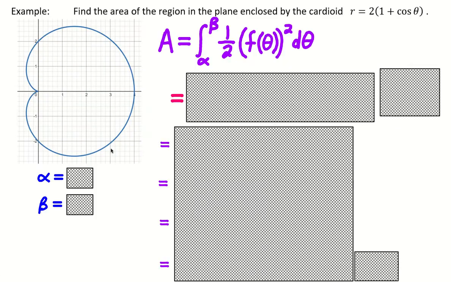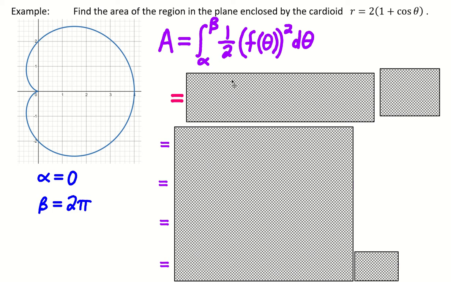Now this is a cardioid, and I'm going to do my best to point out what type of polar graph it makes. This is one of the ones where to create the entire cardioid, we do got to go from 0 all the way to 2 pi.